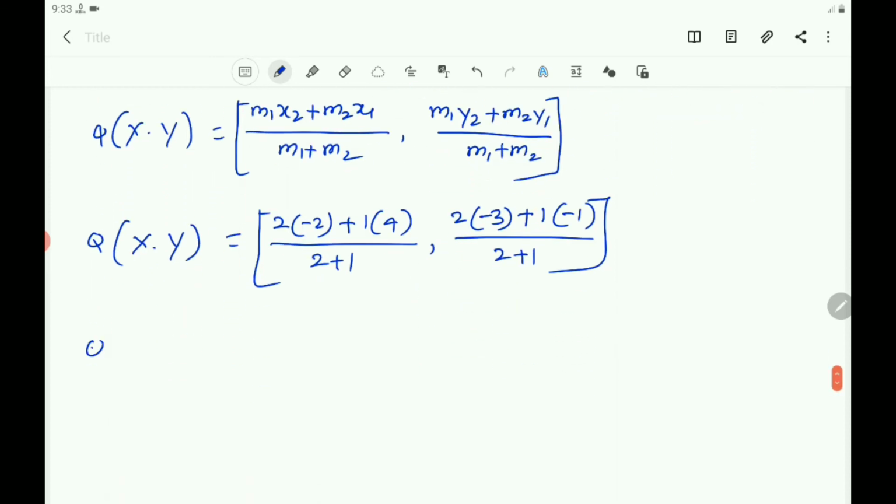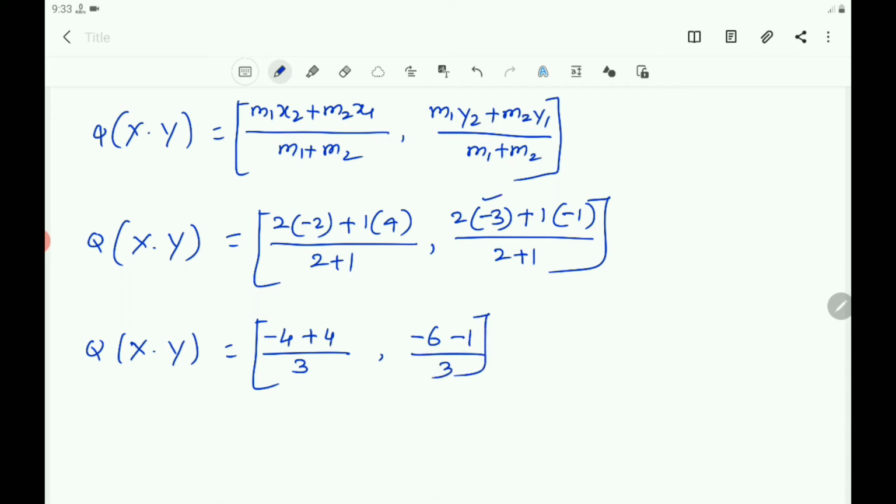Then Q of (X, Y) equals, 2 into -2 is -4 plus 4 by 3. Then 2 into -3 is -6 plus 1 into -1 is -1 by 3.